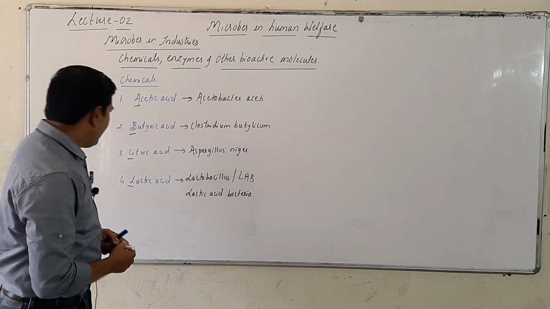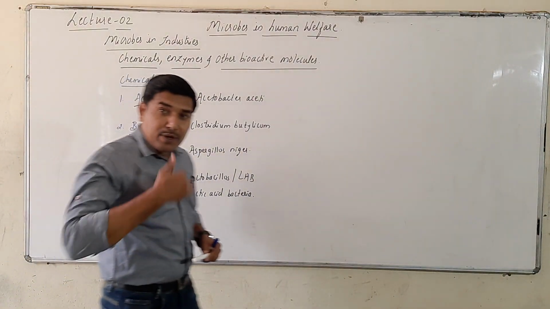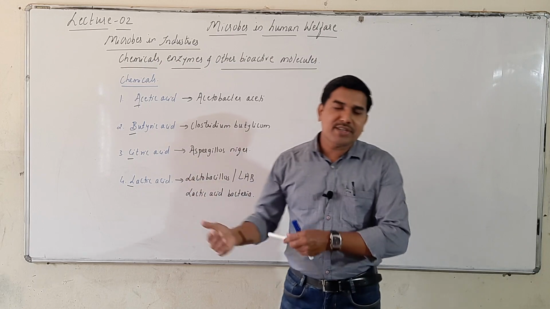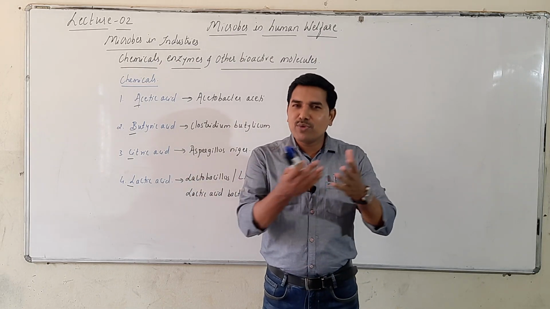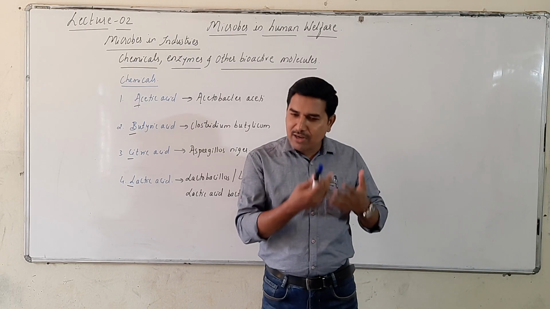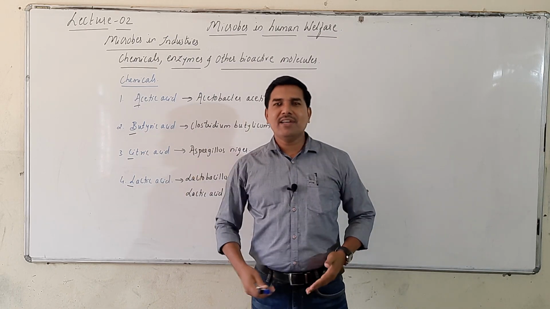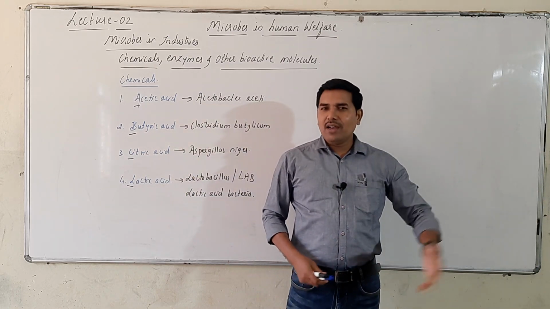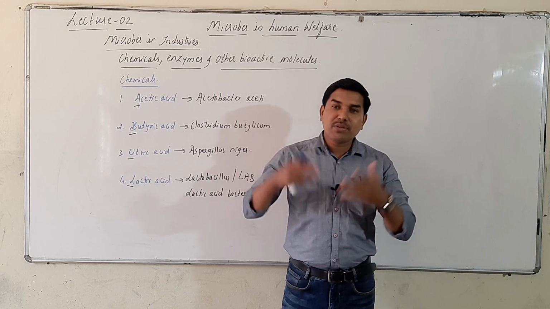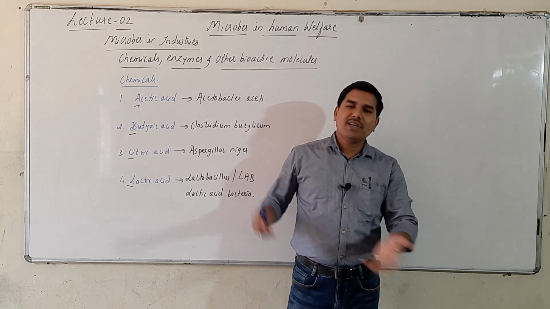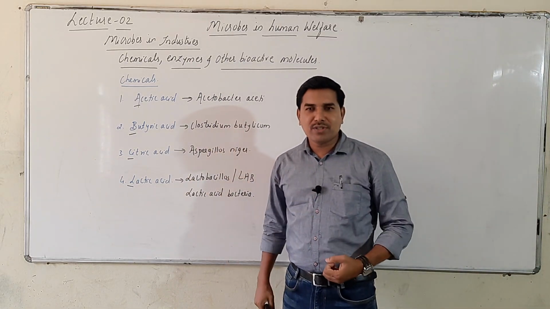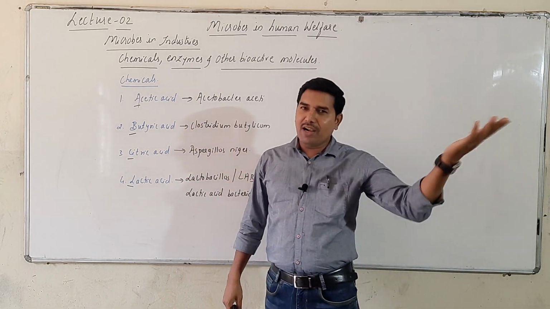Okay. Now, these are produced in the industries in large quantity, because all these are chemicals, and these chemicals we are using in our lab. Not only in our lab, it is used in the degree colleges also, it is used in the PG colleges also, it is used by the research persons in the laboratories. So, throughout the globe, the chemicals are used, and hence they have to be produced in large quantity.